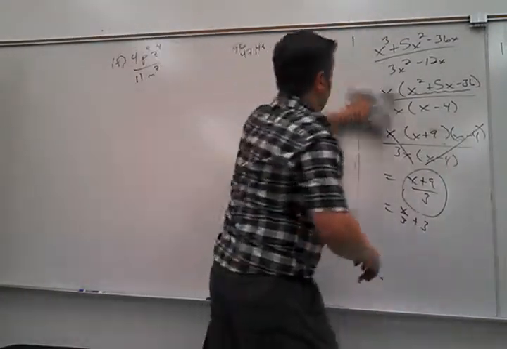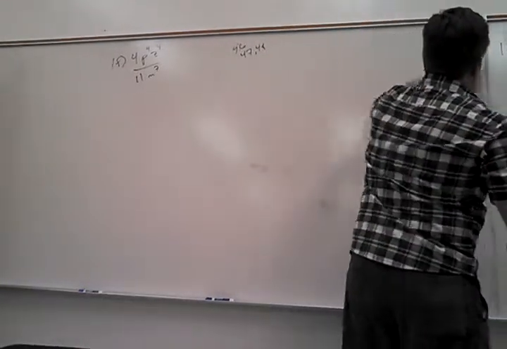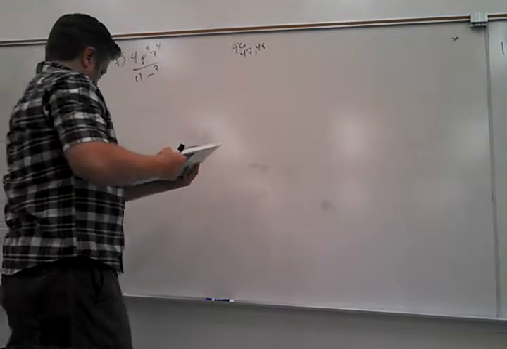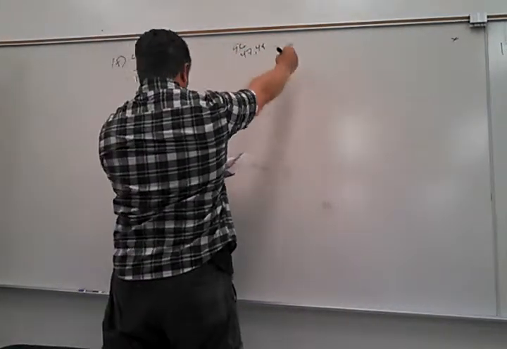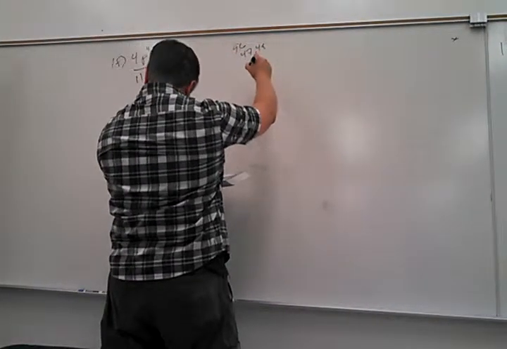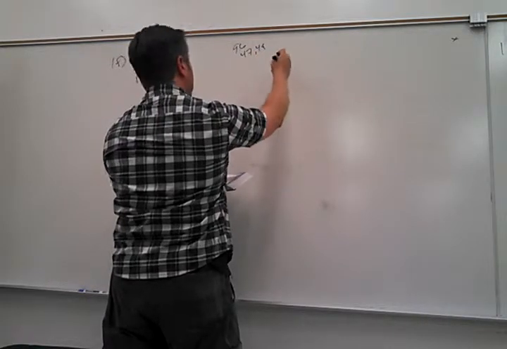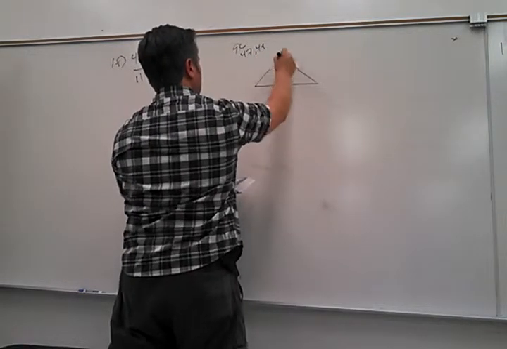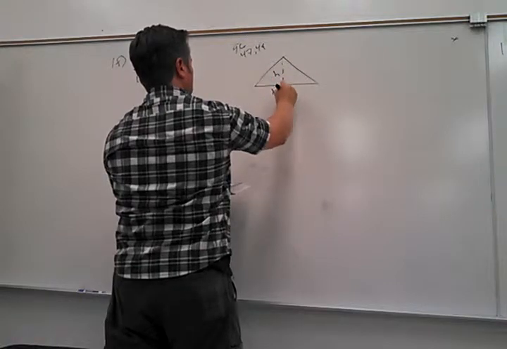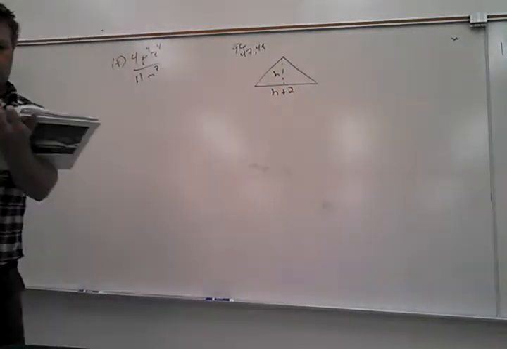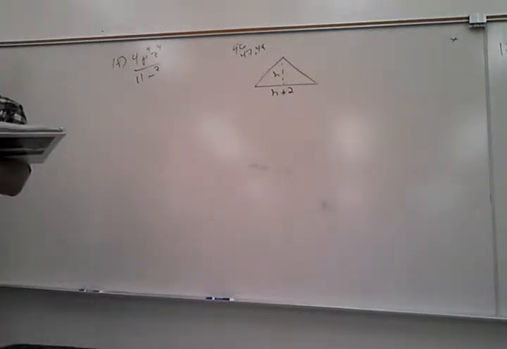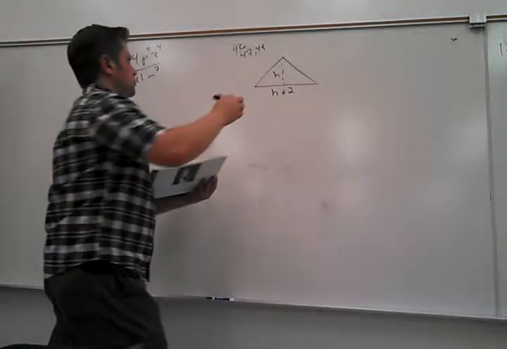9.6 in the white book. These two are word problems. Number 47 says the base of a triangular fountain is 2 feet longer than its height. So I pretty much give you the picture there. The area of it is 24 square feet.